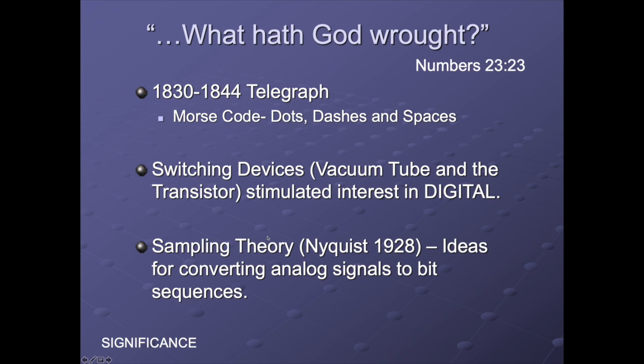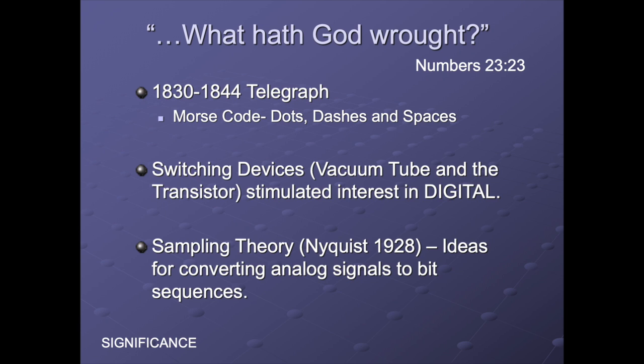Claude Shannon and Nyquist, I can't remember Nyquist's first name. Nyquist was also a person that worked at Bell Labs, and Bell Labs, remember, the phone system at one point was nationalized. You didn't have private phone companies. It was just a national phone service.